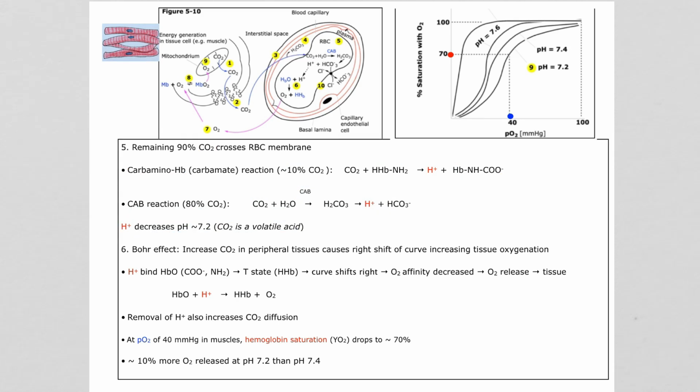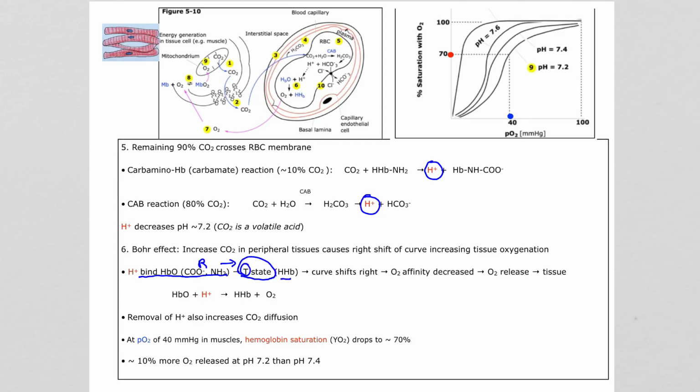The protons that are released from the carbamate reaction as well as the CAB reaction, these protons will bind hemoglobin. The carboxyl and the amine groups that are unprotonated will bind protons, and that will change the weak forces in the hemoglobin molecule, thereby changing the shape of the hemoglobin molecule from the R state into the T state.